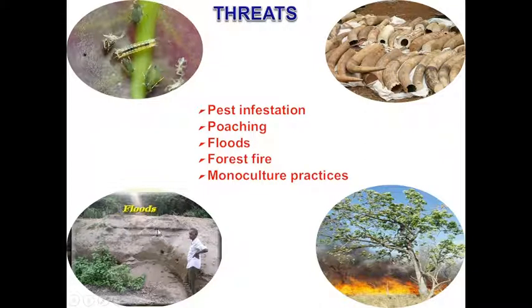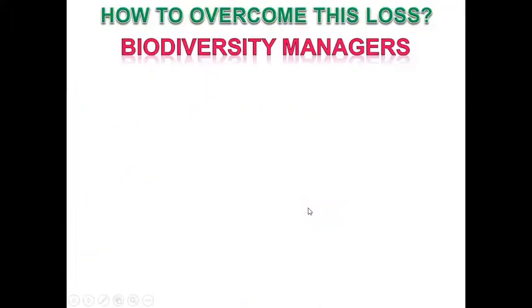Floods bring soil erosion so that a lot of trees and crops can be destroyed. Forest fire also destroys biodiversity a lot. And monoculture practices, culturing with the same type of plant species or tree species, will not help in biodiversity conservation.